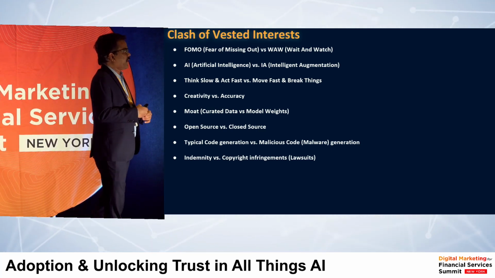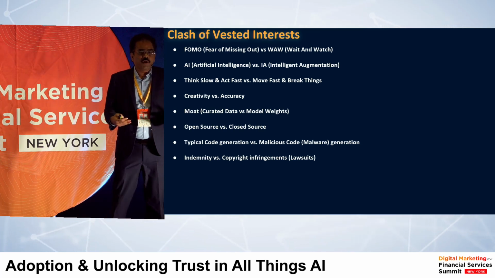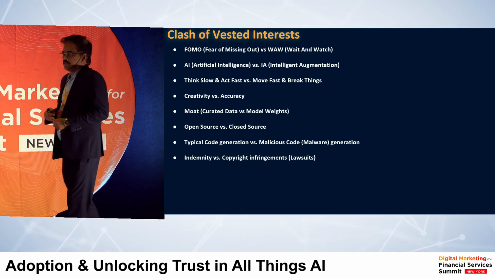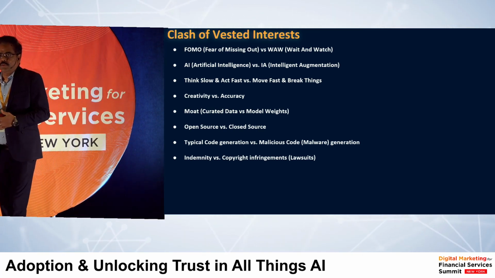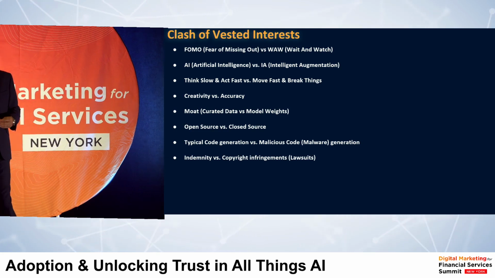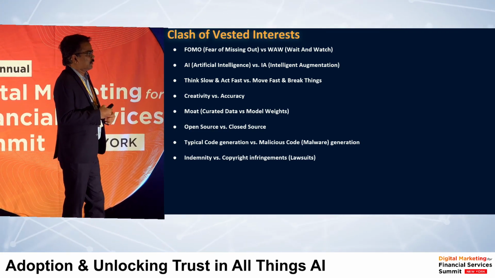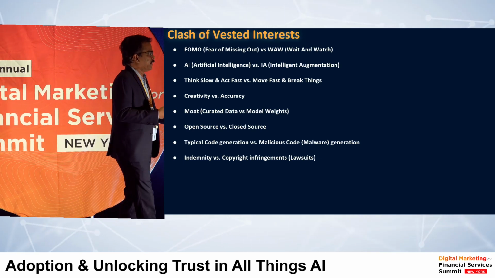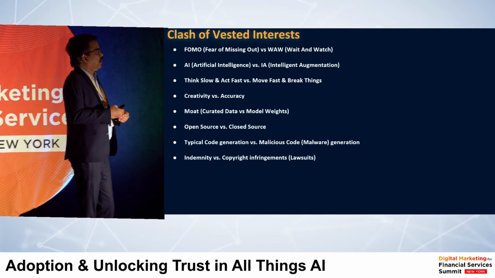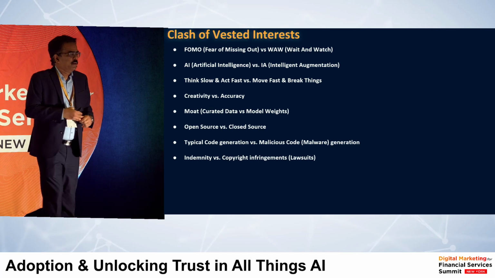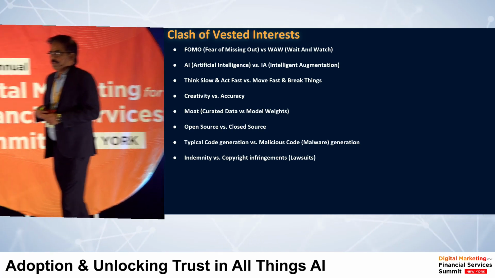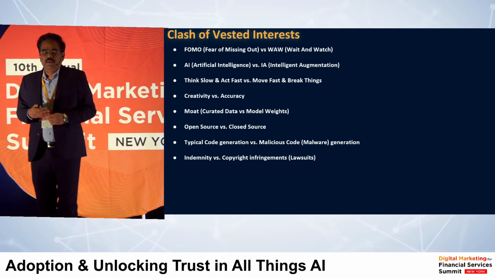The competitive advantage is in the form of curated data, because everything is coming out as open source, so there won't be any competitive advantage in the model itself. The entity or company which has the curated data may survive. Again, open source versus closed source, typical code generation versus malicious code generation, that is also there.